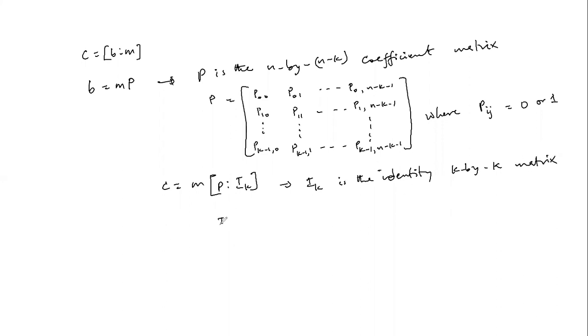So that gives us I sub k, which is the same as 1, 0, 0, 0, 0.